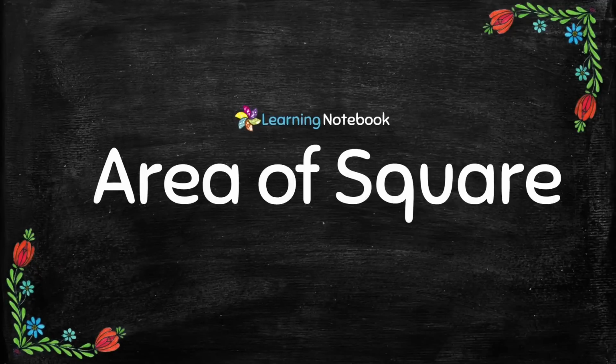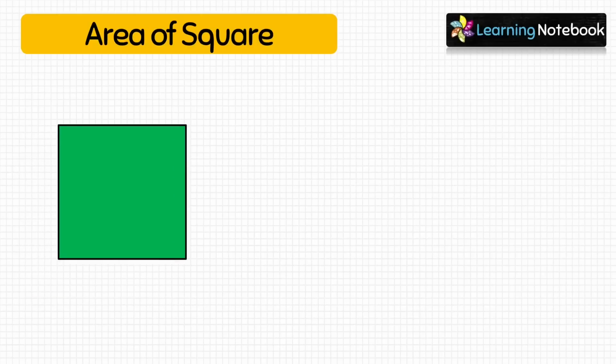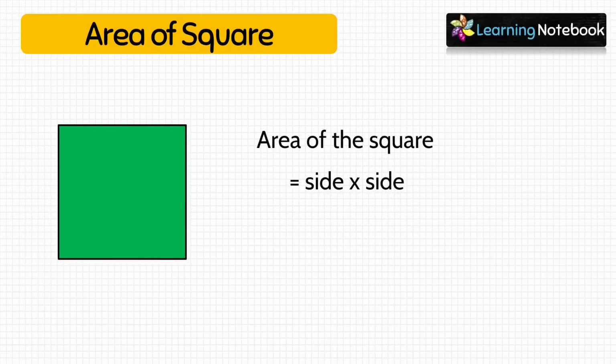Now let's learn about area of square. Area of a square equals side into side. So if we are given the length of one side of a square, then we can easily calculate its area.